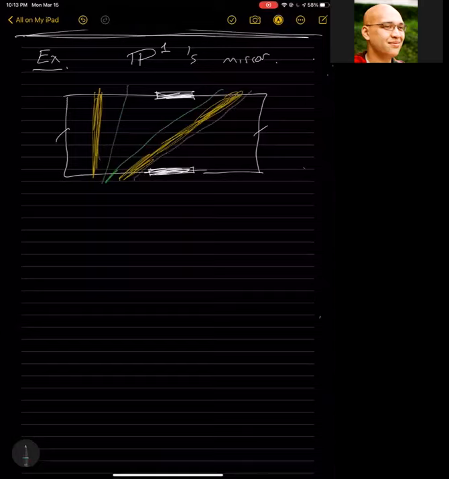And well, I have one of these ones that's kind of like this, and the other one will look like this. So that's what it looks like.